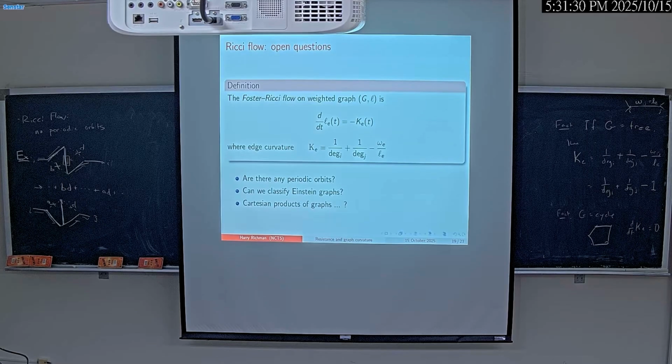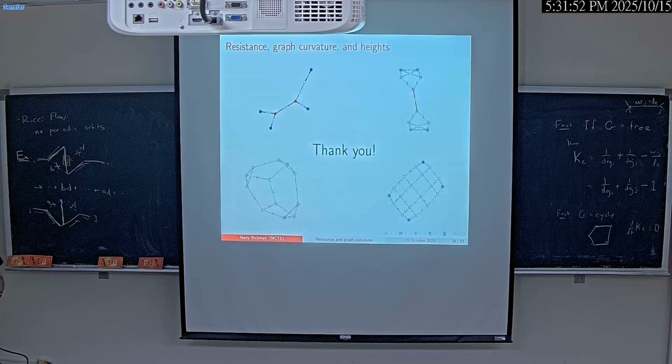There are also certain properties for manifolds: if you take a product of two manifolds where one of them has negative curvature, I think there are results saying that, in some sense, this product will also have negative curvature, or maybe either positive or negative curvature. I think it would be interesting to be able to answer this for graphs as well. Okay, so that covers what I want to talk about.